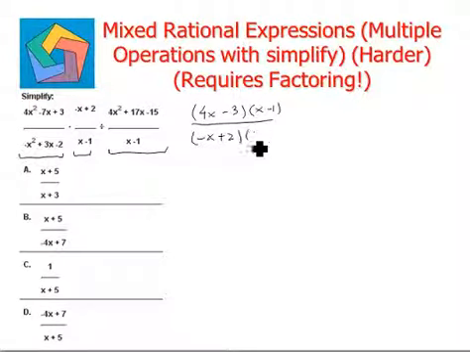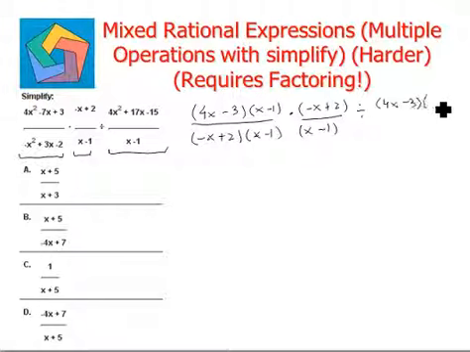These are the factors for the denominator, times negative x plus 2 divided by x minus 1, divided by the factors for this, which is 4x minus 3 times x plus 5 divided by x minus 1.